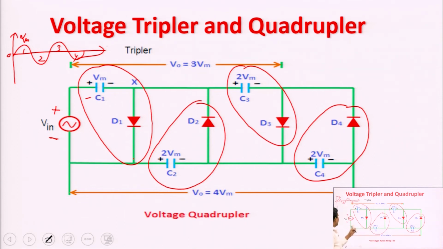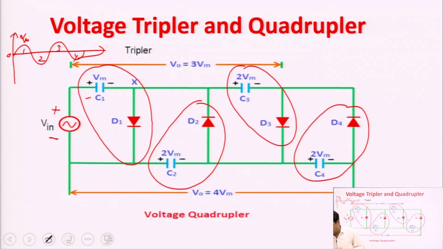This means during the positive half cycle number 1, only the diode D1 is in forward bias and D2, D3 and D4 are in reverse bias. D2 and D4 are reverse biased because the input is the positive half cycle and the polarity directly reverse biases the diodes D2 and D4.